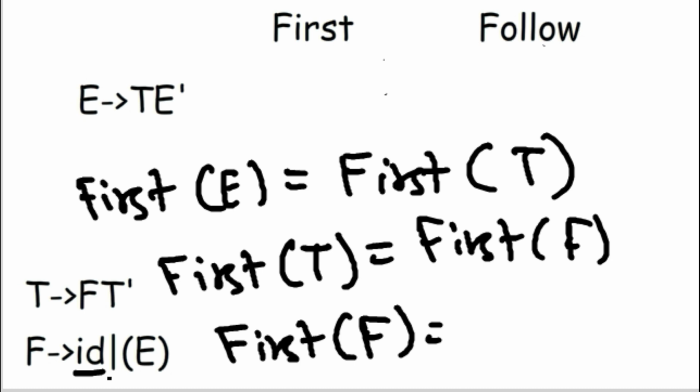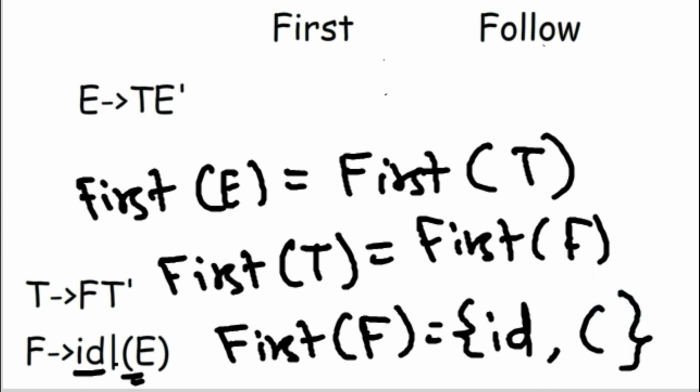What is at the left of the OR symbol? ID. So in curly bracket we will write the ID, and what is at the right of the OR symbol? At the right of the OR symbol, the first symbol is open bracket. So open bracket is the second first.